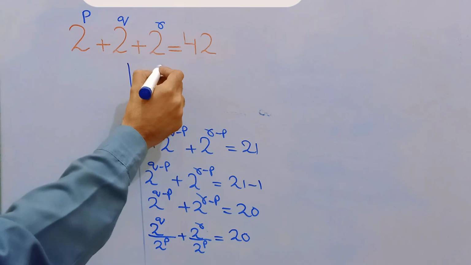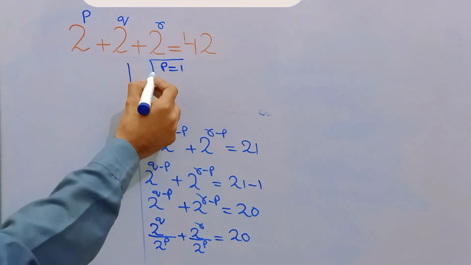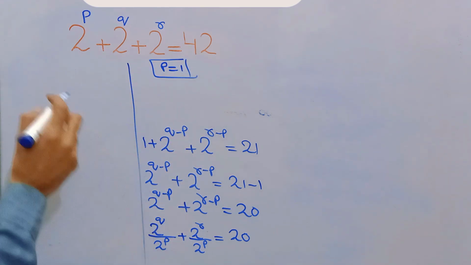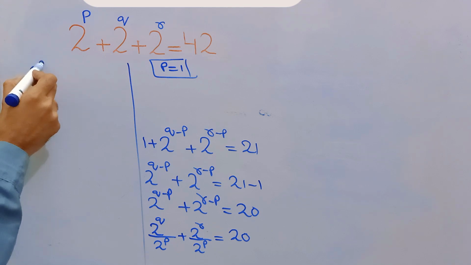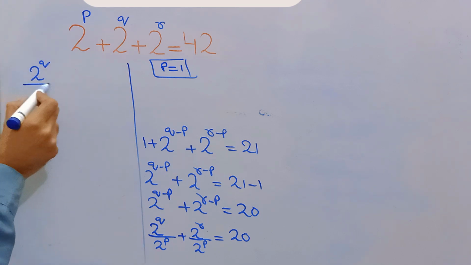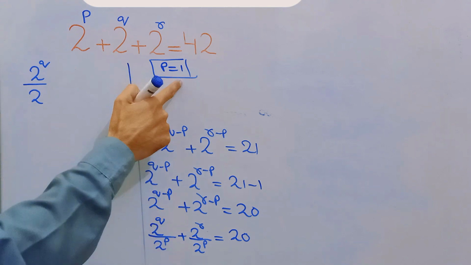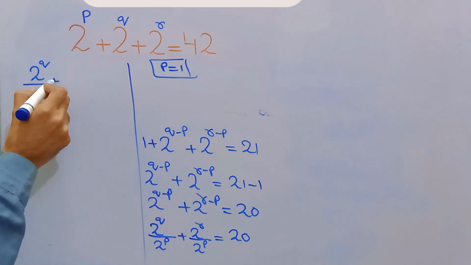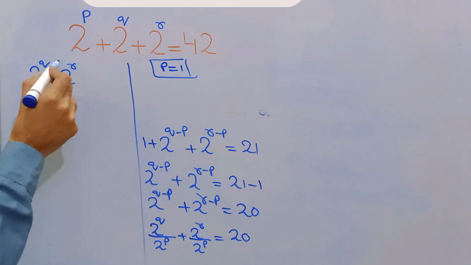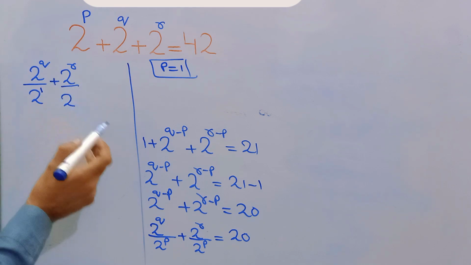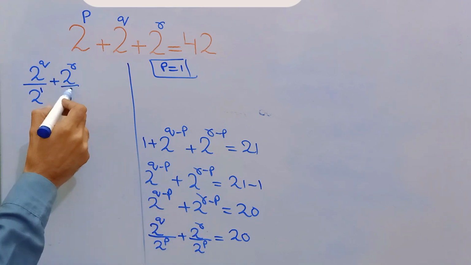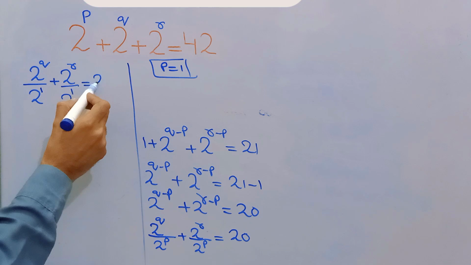Then p is equal to 1, but 2^q divided by 2^p, that is equal to 1 plus 2^r divided by 2^p, but that value is 1, is equal to 20.